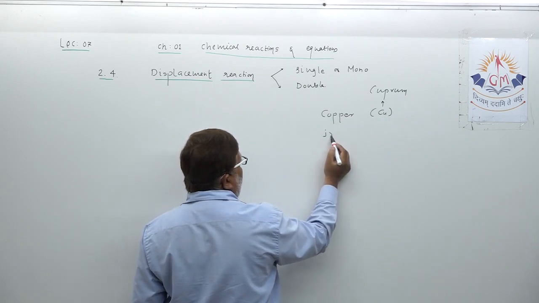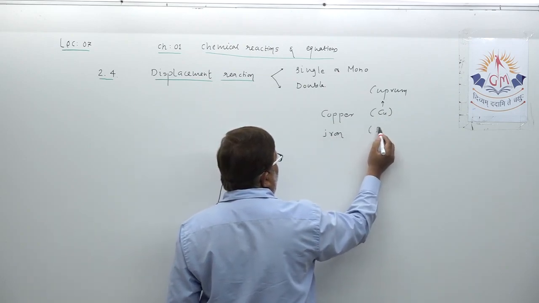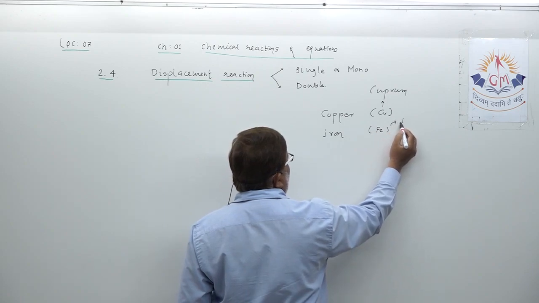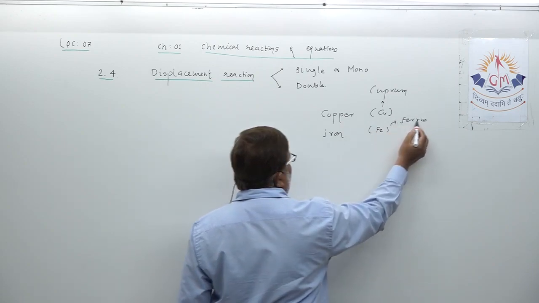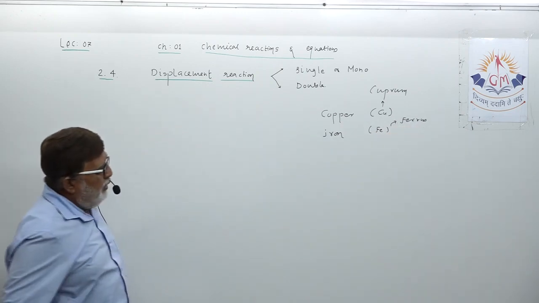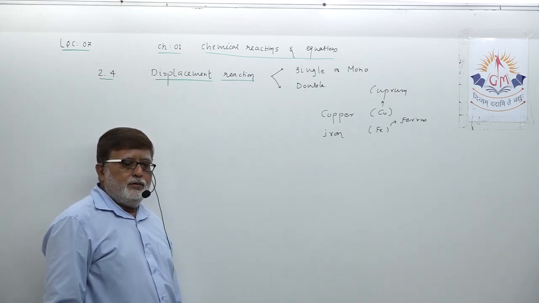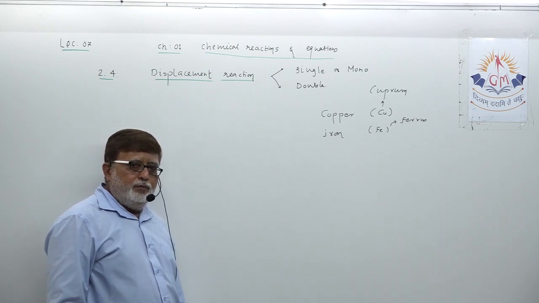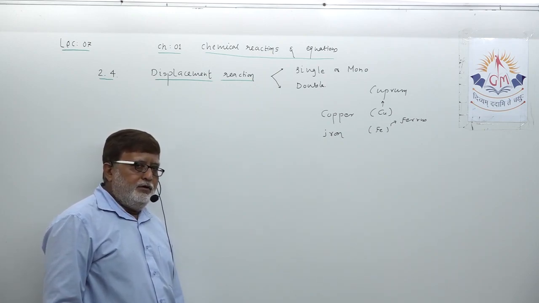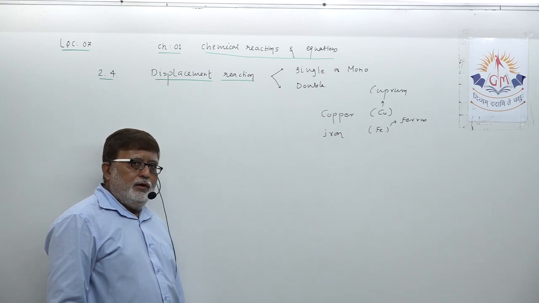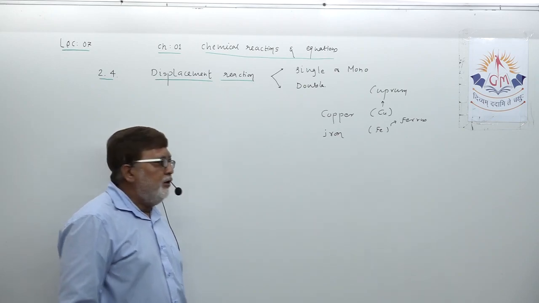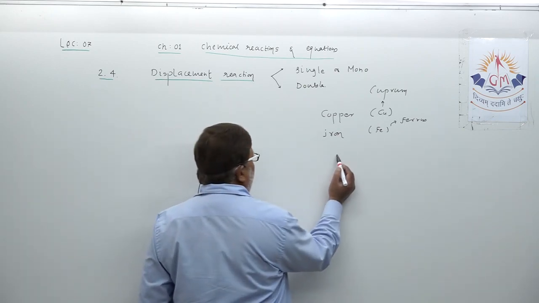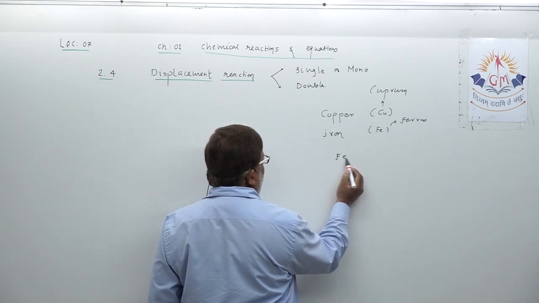Copper, and if I take iron, suppose Fe, ferrous. Now let us try to understand. If I compare copper and iron as per the metal reactivity series, iron is more reactive than copper, if we compare it.